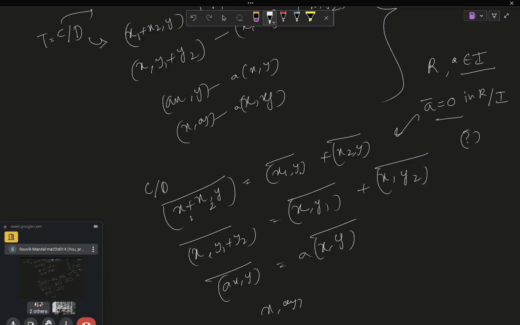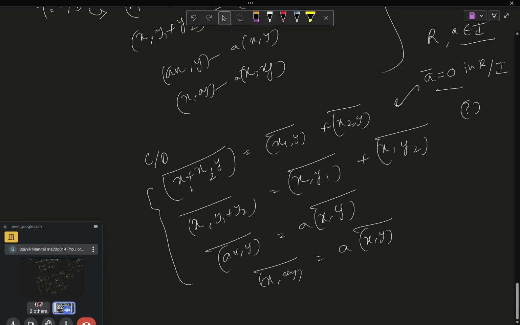Similarly, this one. So this holds in C by D. If you have any doubt in understanding, please unmute yourself and tell me. Since you are not responding, I think everything is fine till now.